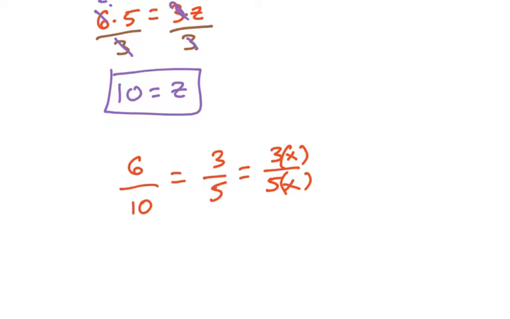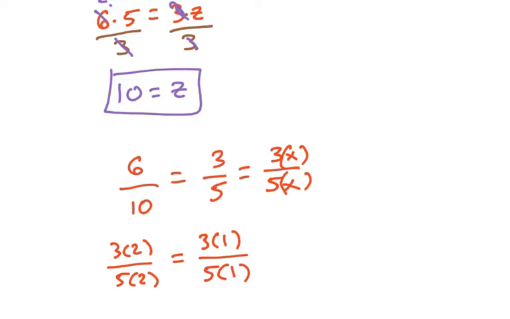What we're really saying is that if we can write 3 over 5 as 3 times 1 over 5 times 1, we can write 6 over 10 as 3 times 2 over 5 times 2. What I'm trying to say is what a proportion is, it's always 3 times something is equivalent to 5 times something, right? It's in that scale. So we could do another scale if we wanted to.